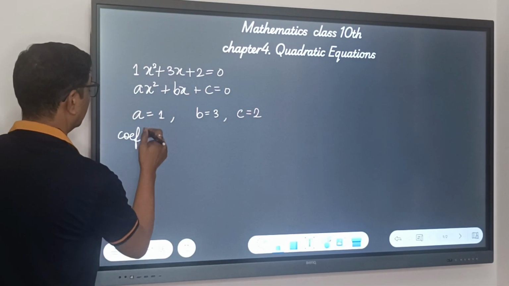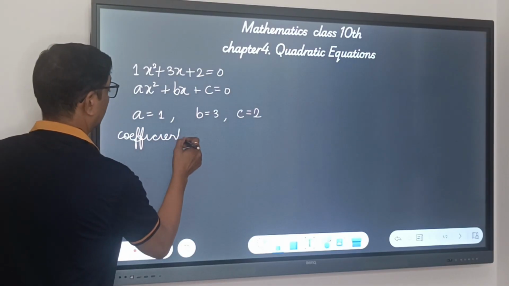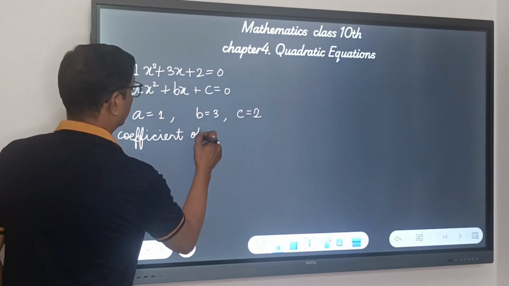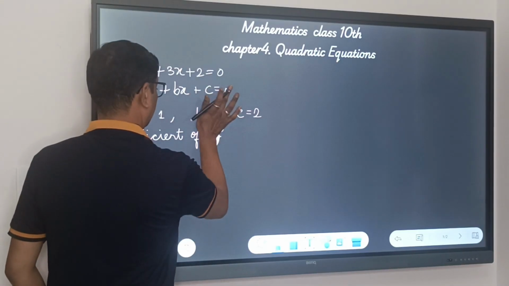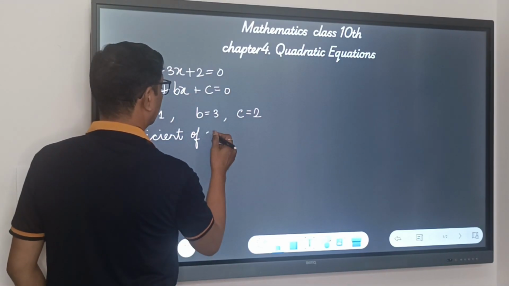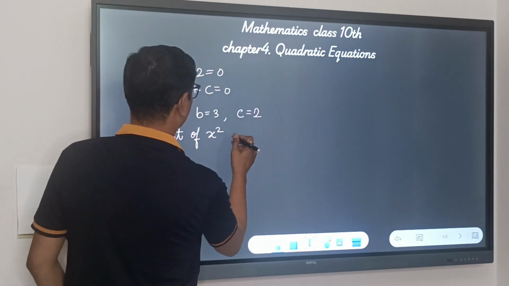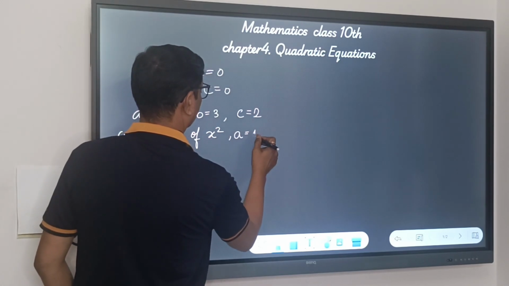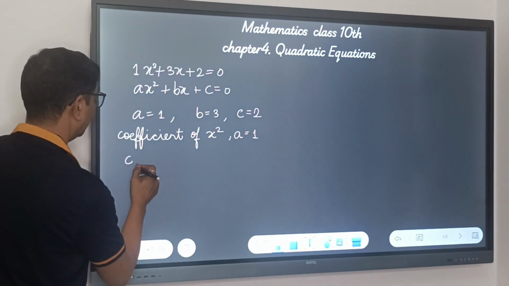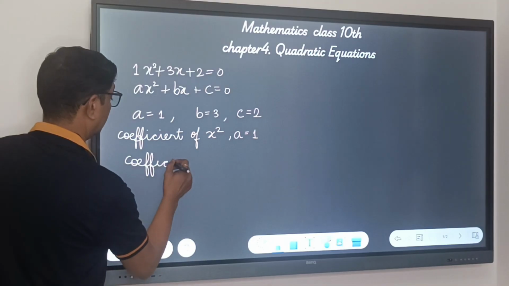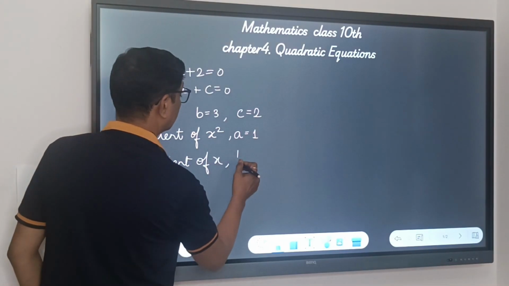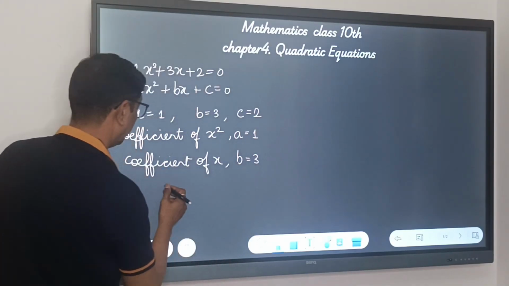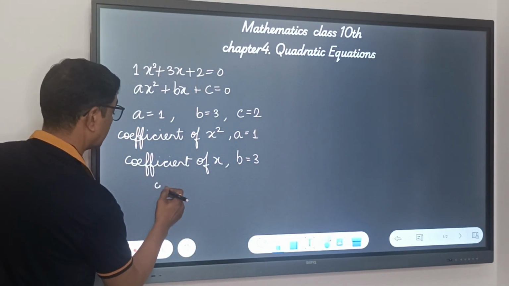The coefficient of x square, that is a is equal to 1, and the coefficient of x, that is b is equal to 3, and c is the constant.